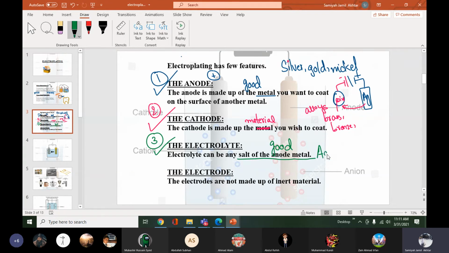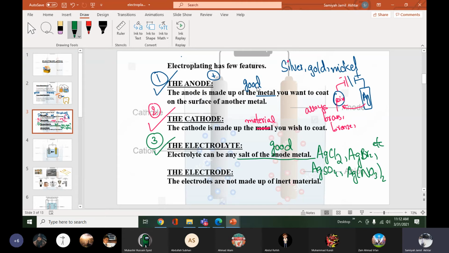So we can take any salt of silver, like silver chloride, silver bromide, silver sulfate, or silver nitrate. Take any salt of that anode material.